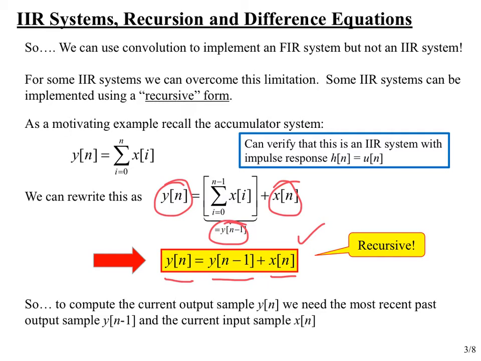And in this case, it's just the current input. Now we've recast what looked like something that we couldn't really implement in a way that we can implement. We just need to have saved some past outputs. So to compute the current output, we need a past output sample and the current input sample for this particular system.